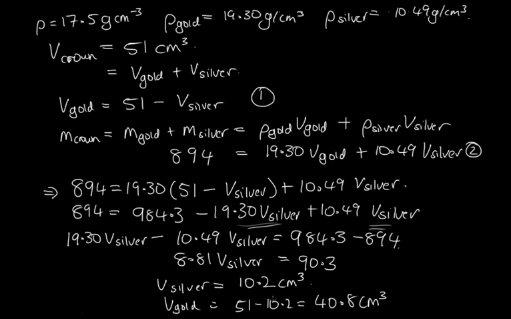So there's 4 times as much gold as silver, so this combined tells us that it's 1/5 silver and 4/5 gold. And so if these were the values that Archimedes really measured, then the goldsmith had cheated King Hero.